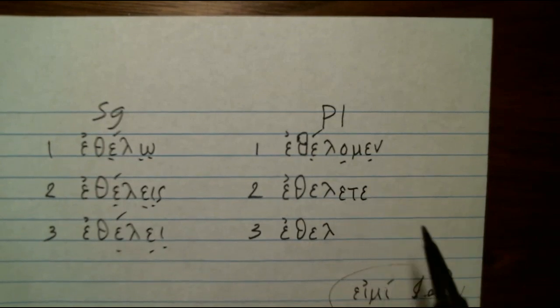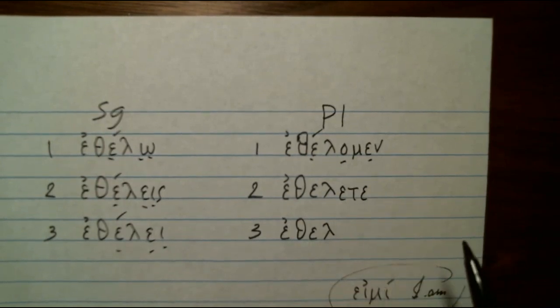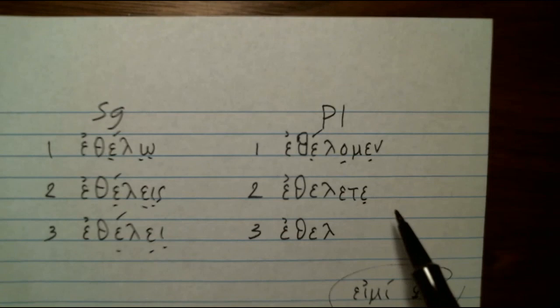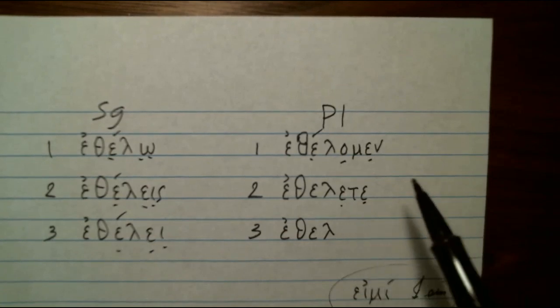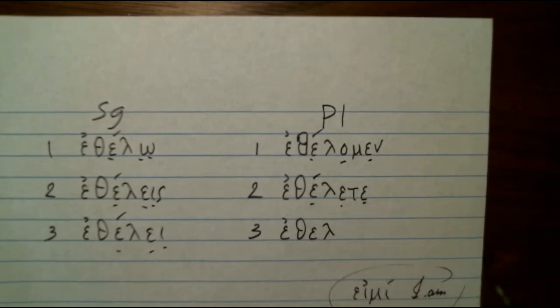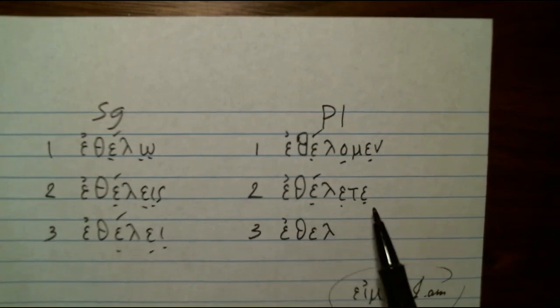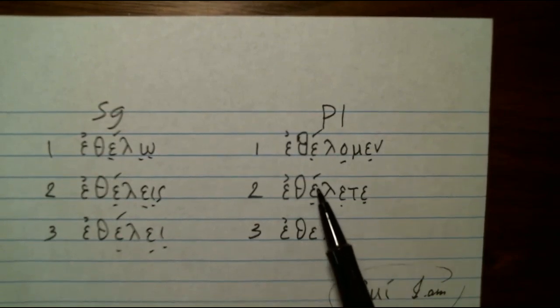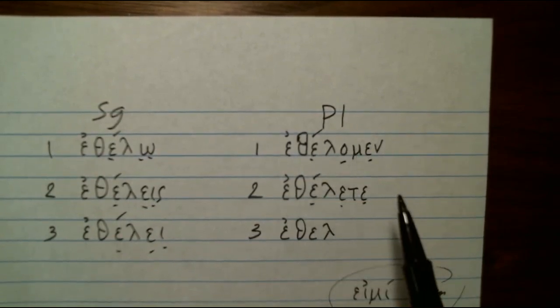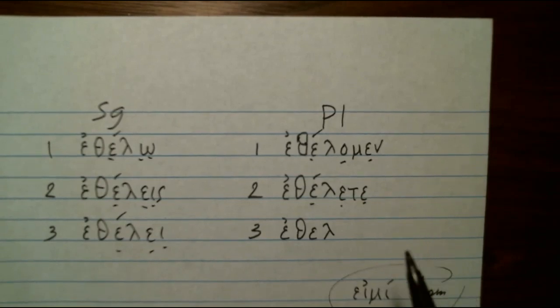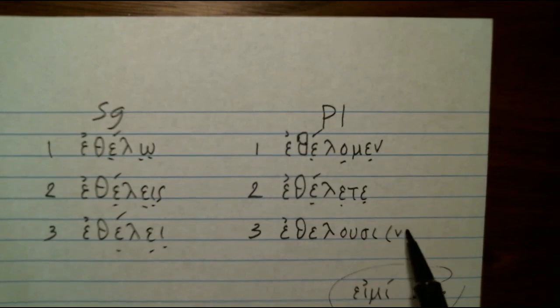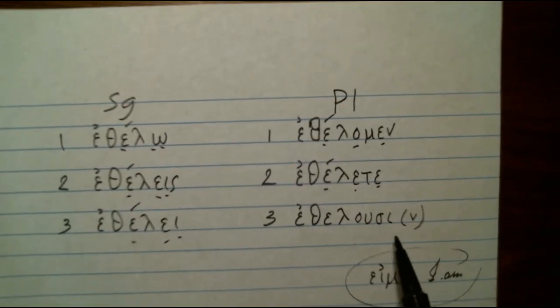Okay, now let's do 2nd person plural. All right, same thing here. We have epsilon 1 more, epsilon 1 more, epsilon 1 more, accent, okay, because we have 3 mores. And again, it's on the antepenult, 3rd from last, just like in 1st person plural, okay? And now let's do usi, okay? Movable nu. All right, this iota here is short.